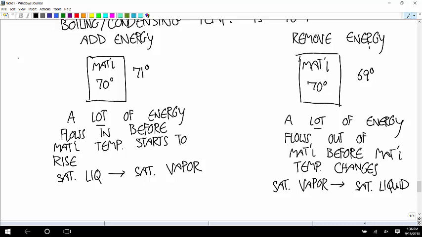When you want to add a ton of energy to something, you can go from a liquid back to a vapor. Okay, it's sort of the key reason that thermal energy is such a useful thing in engineering applications. It's used in diesel engines and gas engines, power cycles, turbines, air conditioning, refrigeration, all that stuff.